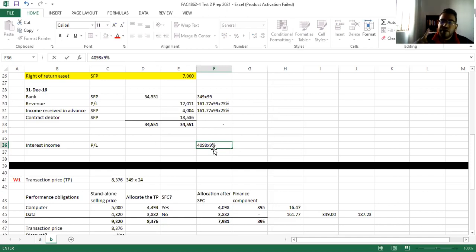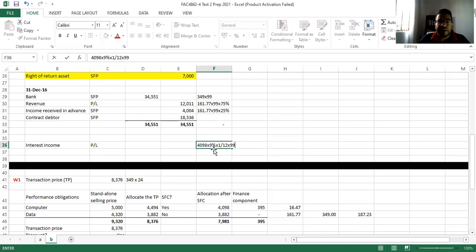But remember, this is only for 1 month, and that 9% represents a year. So we're going to say 1 divided by 12. But remember, 4098 represents 1 computer. There were 99 computers. So once again, 4098 is the present value of the computers.